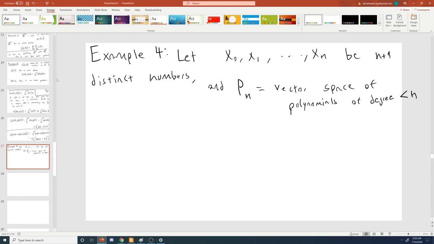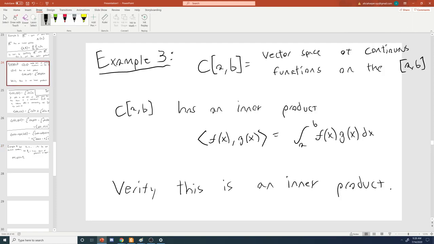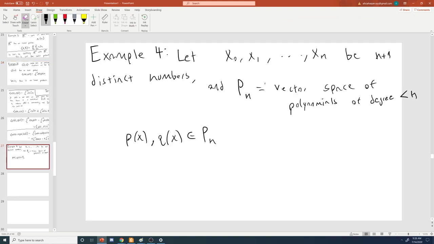Then what we can do is define an inner product on this vector space. So given a polynomial p of x and q of x in Pn, we can use our n plus 1 points. Or I'm sorry, I should index these from 1 to n, not 0 to n. Then we can use these n points to define an inner product on this vector space.